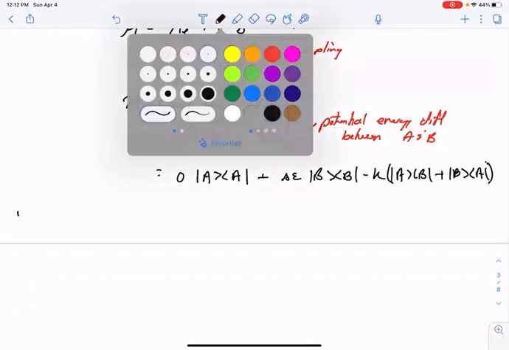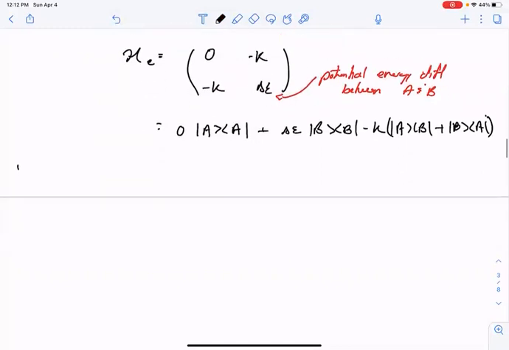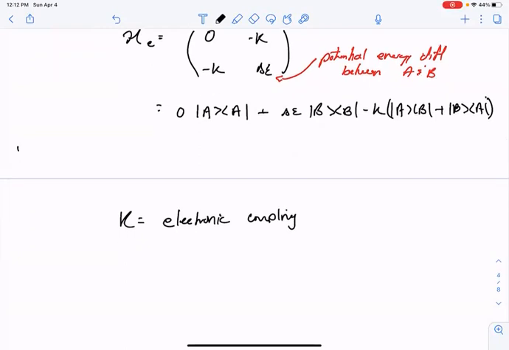So that's what delta E is meaning. This K is some electronic coupling that allows for that transfer to occur, from our Hamiltonian, some matrix elements between A and B.